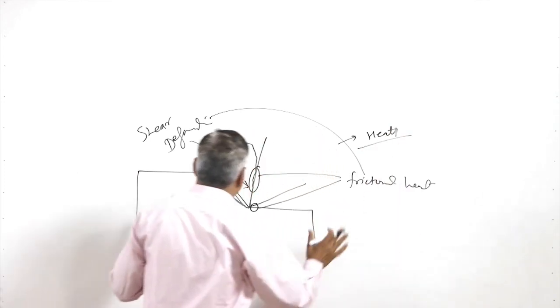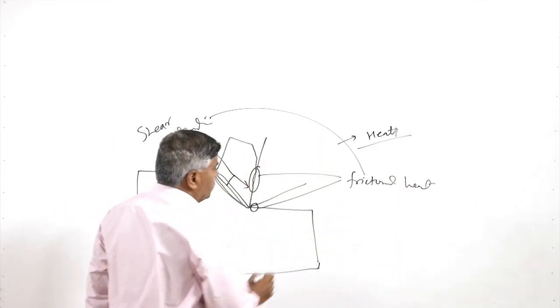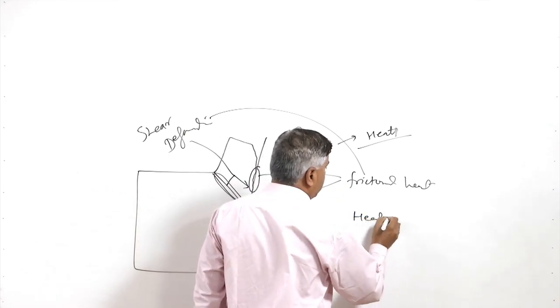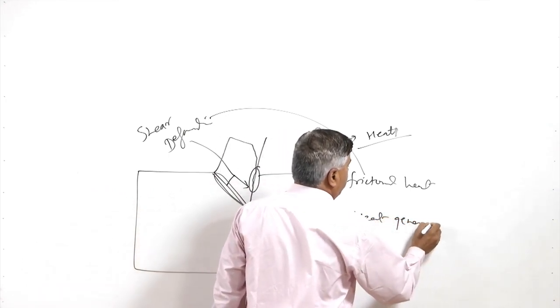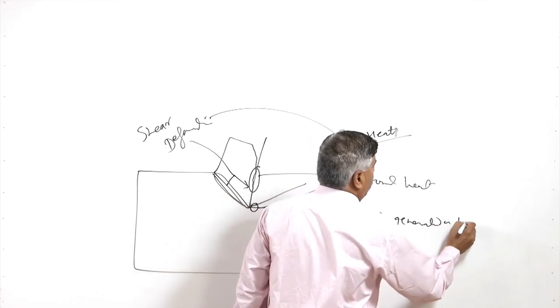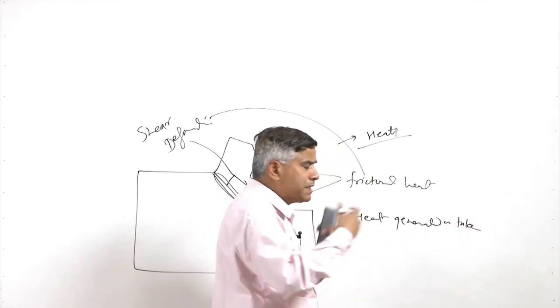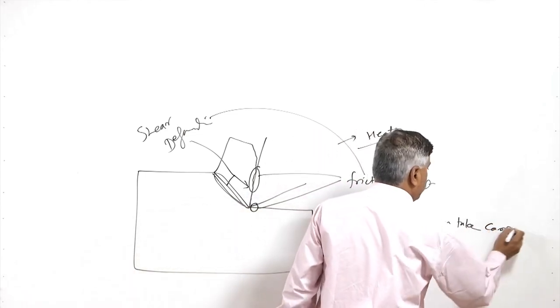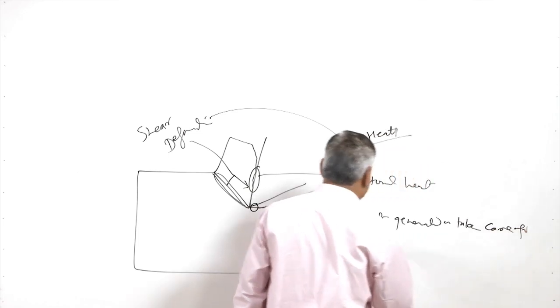So, what is our goal? Our goal is to look into two aspects. Whatever heat is generated is taken care of properly, so that there is no major rise in temperature of the tool.